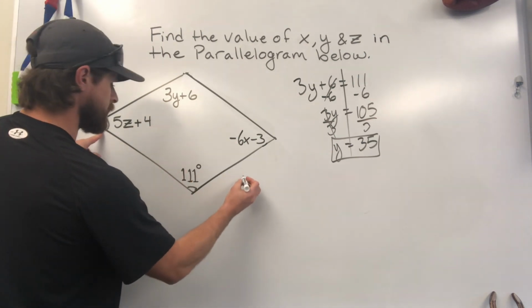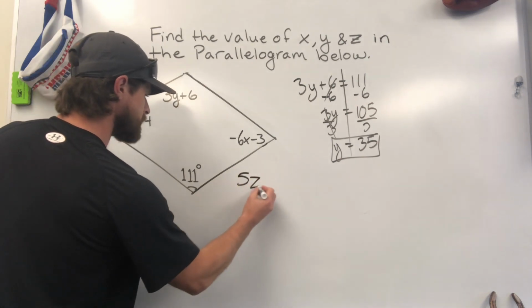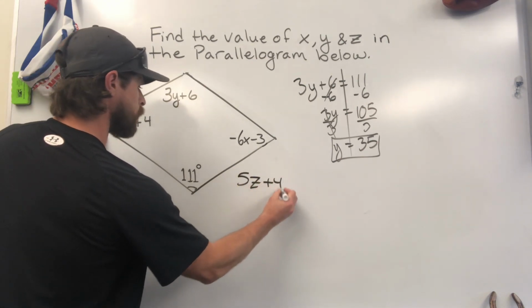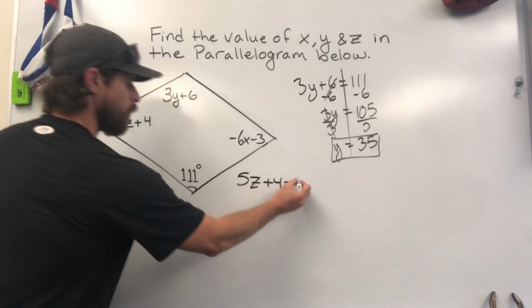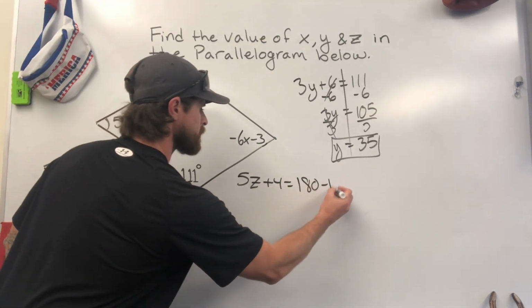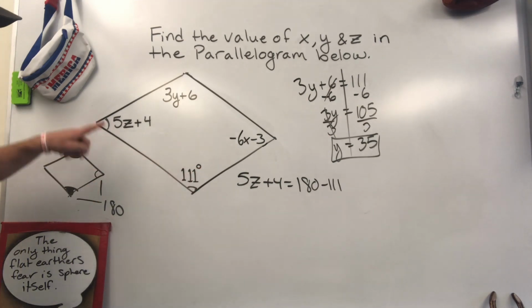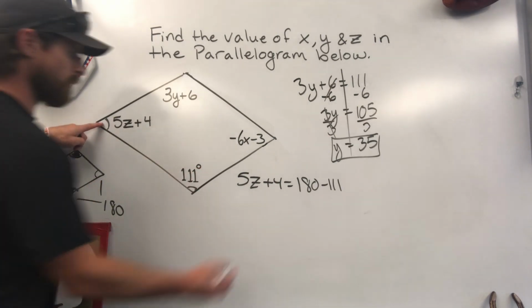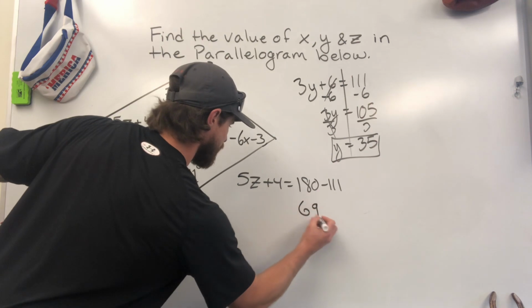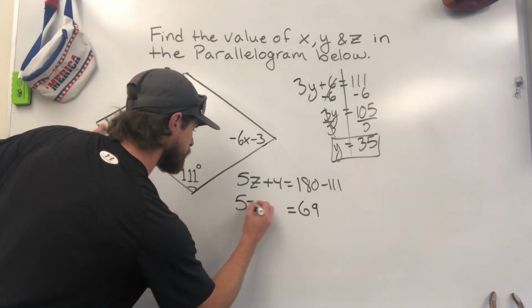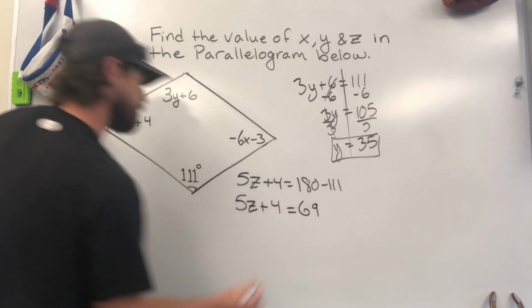180 minus 111 is. That would be 5z plus 4 equals 180 minus 111. Because if we take that away and remove it, we know how much is left for this angle, which would be 69, which is equal to 5z plus 4.